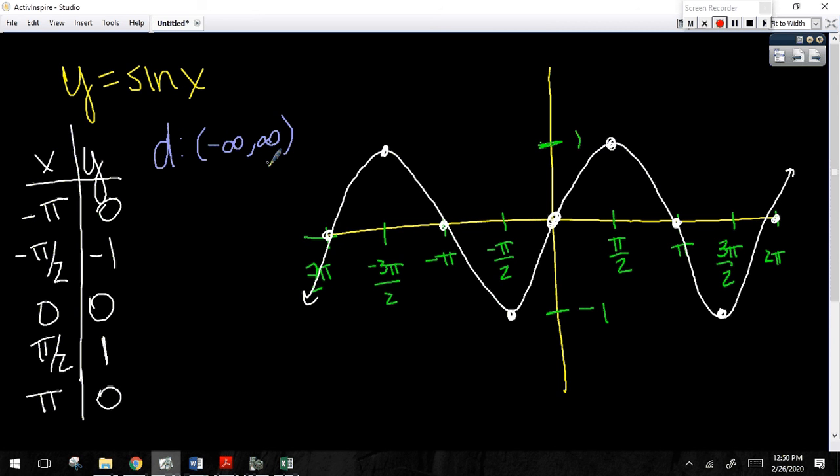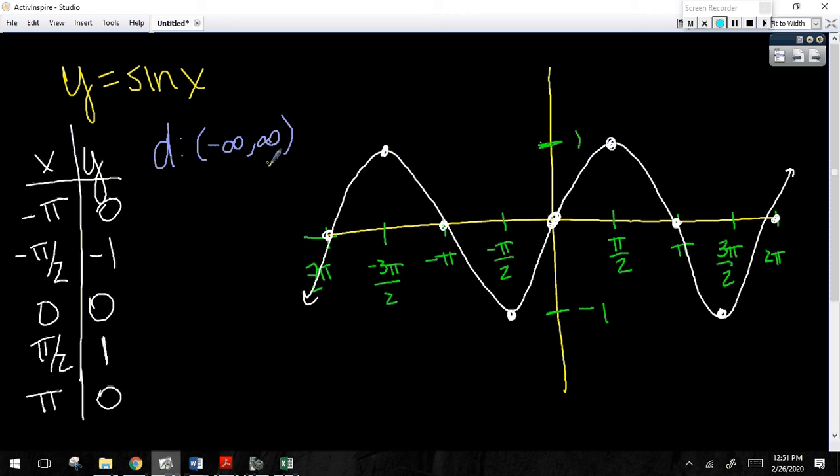Nope. It is. Why is it a function? Well, how do we tell if something's a function? What do we do? You can do this. Vertical line test. That was a great guess, though. Does it pass the vertical line test? Yes. It'll never hit a vertical line more than one time. So it is a function.